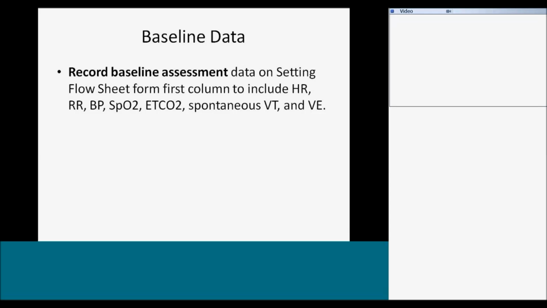So initiate the setting selection process by recording baseline data on the setting selection flow sheet. The first column you won't necessarily be recording B2B settings, but you want to record your vital signs and other elements that you're monitoring with the setting selection process. Start by placing the seal on the Curos. Now this slide doesn't show it, but the straps go under first.